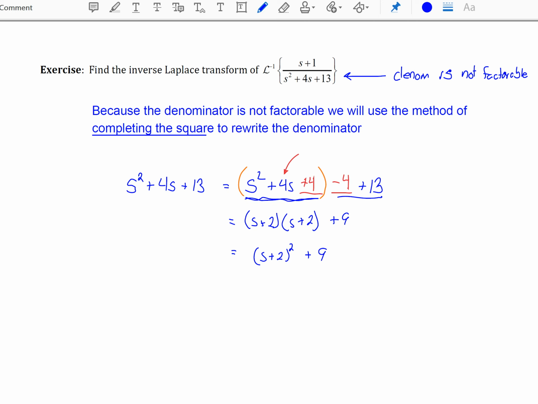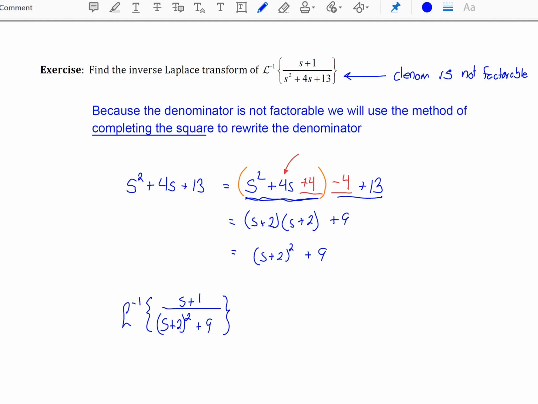is to think about our inverse Laplace transform as s plus 1 over s plus 2 squared plus 9. Now if you're looking at your table of Laplace transforms, you'll notice a couple of things.